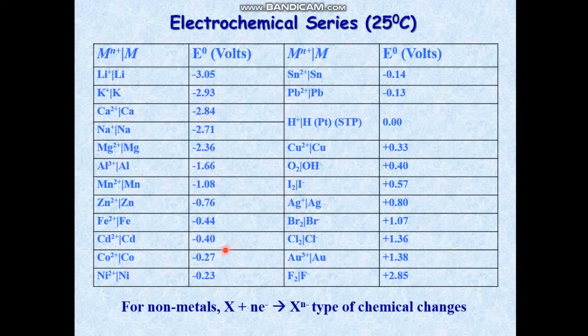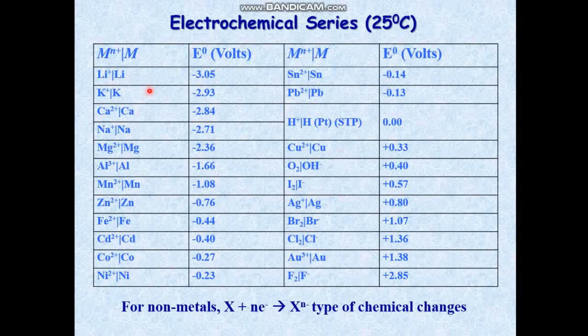Or take a common example, copper. Copper is placed below iron, so iron is more electropositive than copper. If you put an iron nail in some copper sulfate solution, then iron dissolves in it and copper comes out as a brown precipitate.